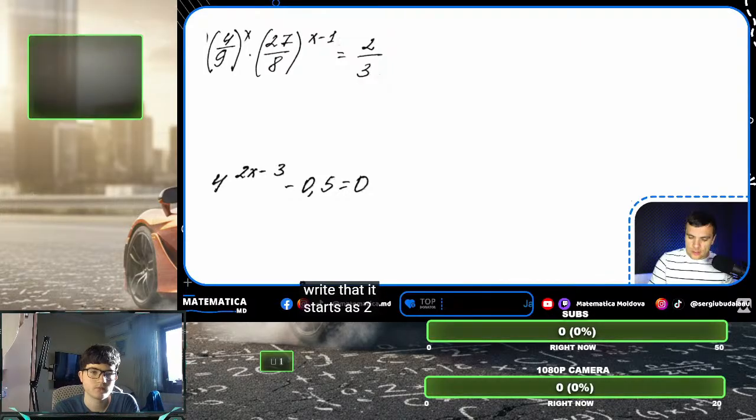And now you got those powers, and you got 2 divided by 3 times 3 divided by 2, and to switch them around, 3 divided by 2 to switch around, you just put minus, so it's now going to be that. And now we just cancel them out, put a minus, work with the exponents.